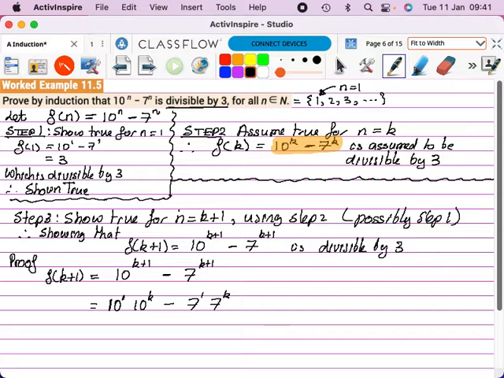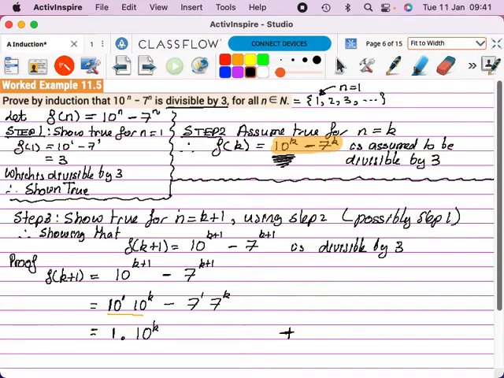Now, the thing is, at this moment in time, I've actually got 10 lots of 10 to the k, and I should only have one lot. So what I'm going to do now is write in here, I should only have one lot of 10 to the k, because that's what it says up here, one lot of 10 to the k.